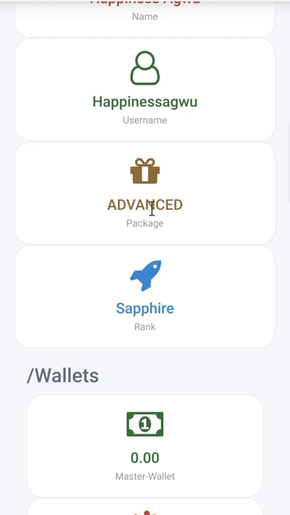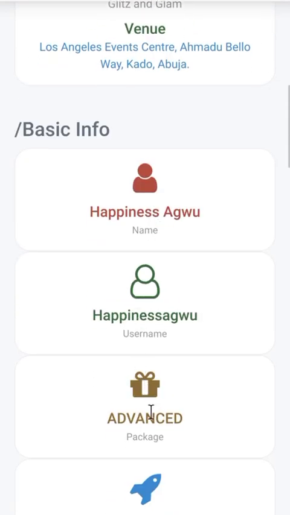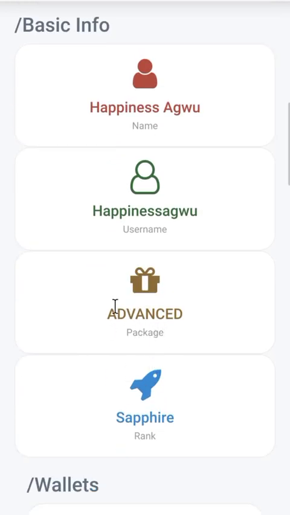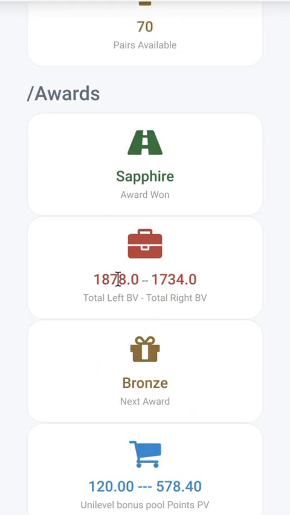He's on advanced package, and the requirement is even standard package, but he registered his account with advanced package. Checking the award points, it was up to 1,800, above 1,500 both left and right. So he was confused. He was like, why is it that this Sapphire did not drop?